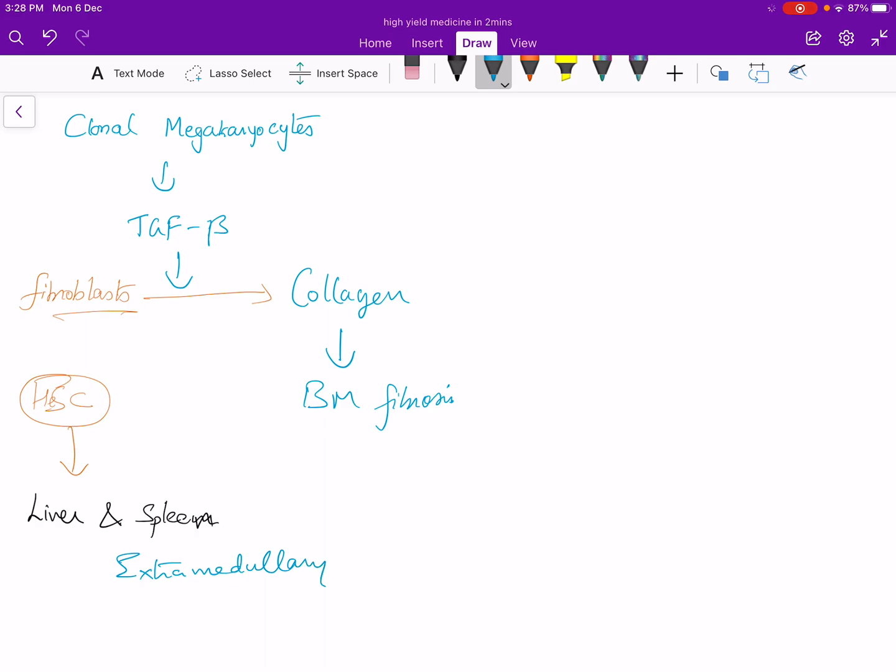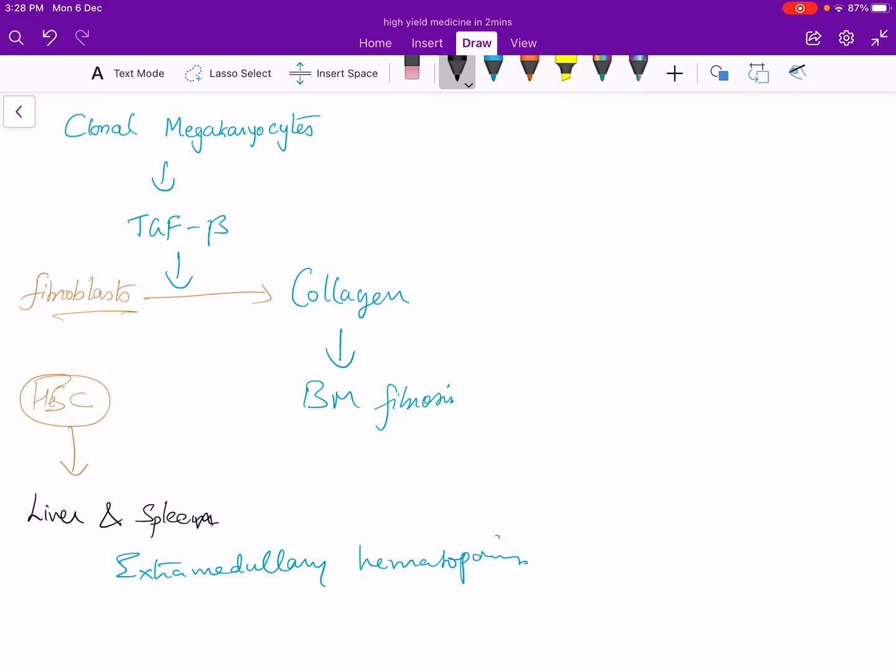But this hematopoiesis which occurs outside the bone marrow is not as effective as the one that happens inside the bone marrow. For example, take the making of red blood cells. If you have a normal bone marrow, the red blood cells produced come out to be pretty normal.